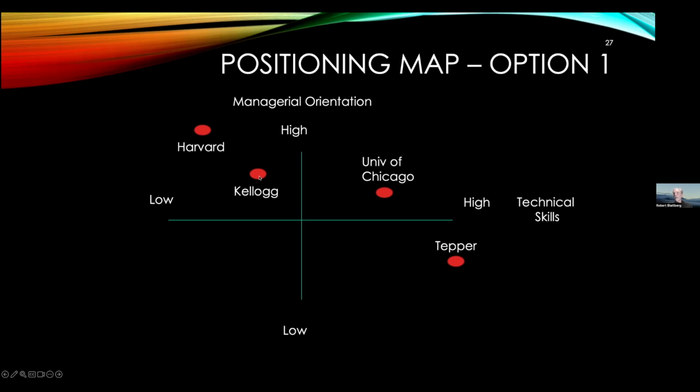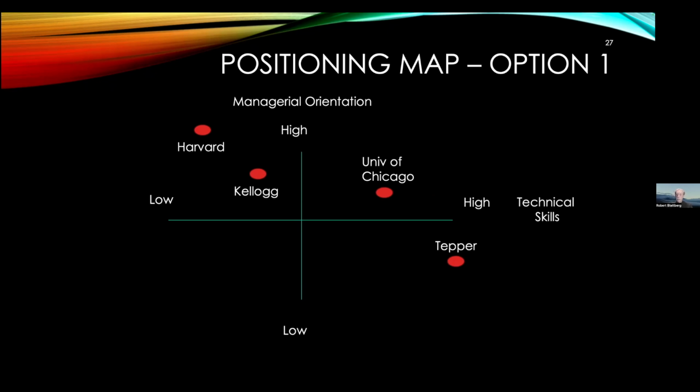Kellogg is a little less in managerial skills, but a little more on technical education. The University of Chicago, particularly in things like finance, has a very sophisticated technical orientation, and also obviously managerial. And then Tepper is probably less on managerial. The dean's probably going to shoot me for saying this. But higher on technical skills.